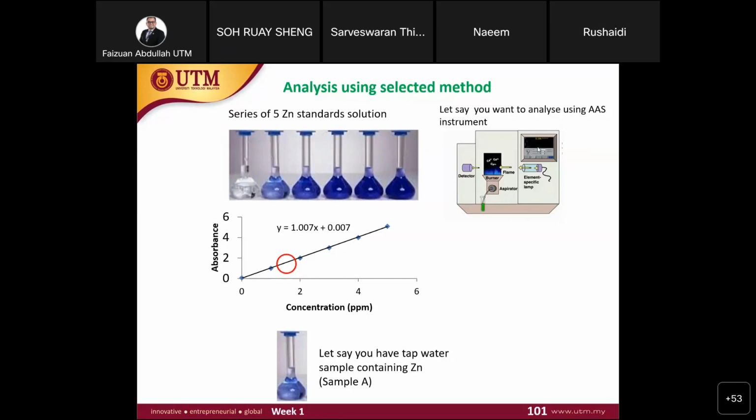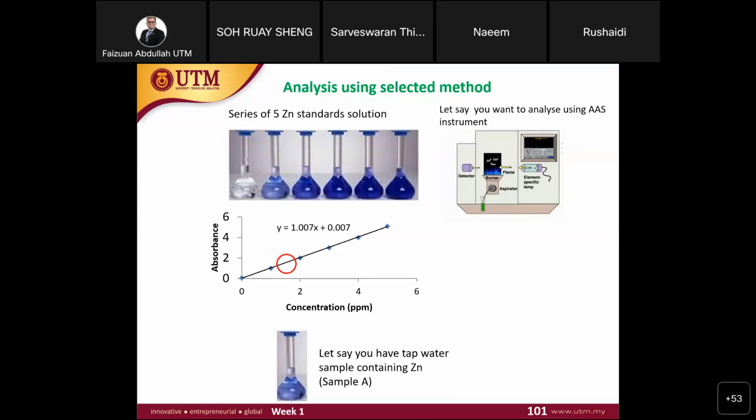Because of what? The spectrum detects other matrices. The absorbance detects what? Other matrix, the analyte.